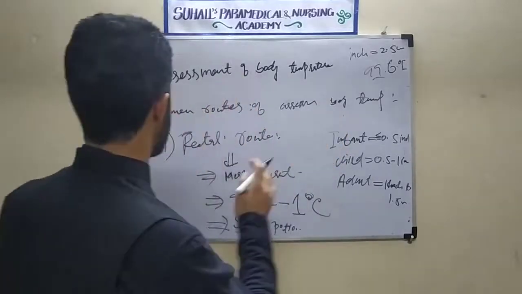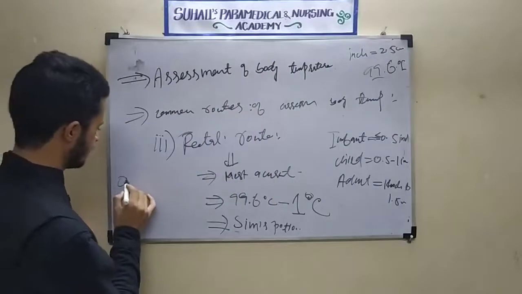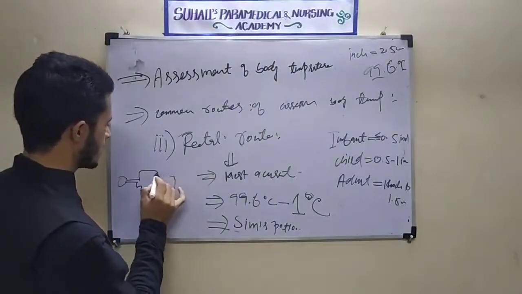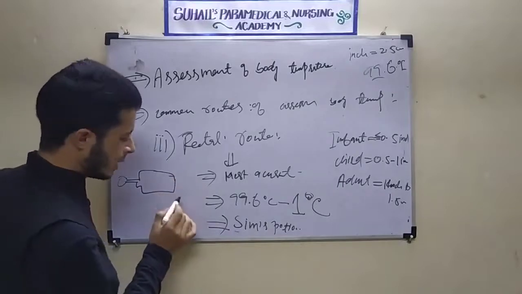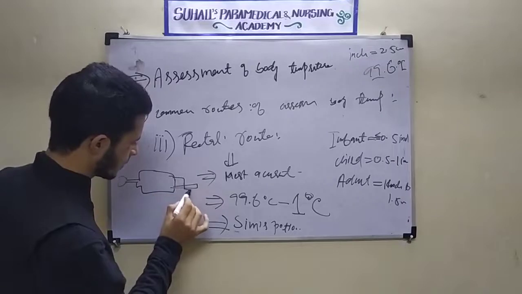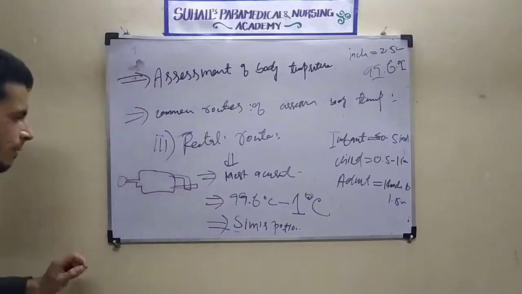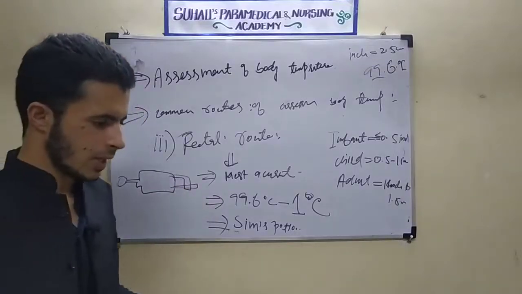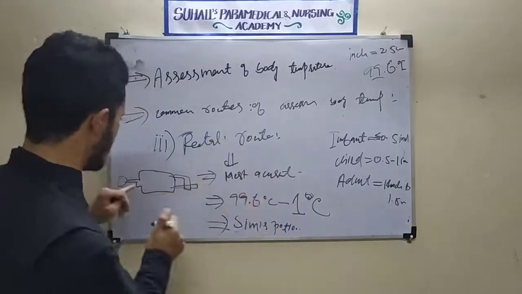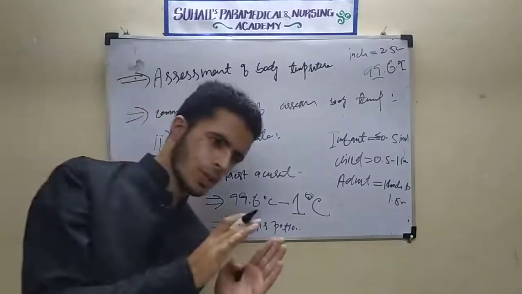What is actually the Sims position? This is the patient, and he is lying on the side. In this way, one limb is taken like this, and another limb is taken like this. First he goes on the lateral position.